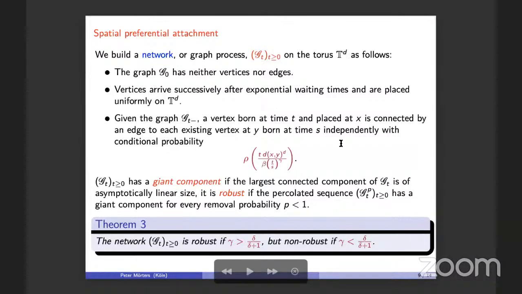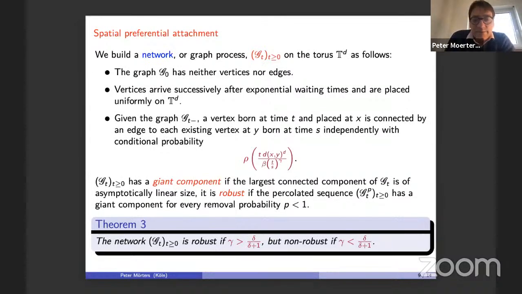Thank you. Sorry, I have a question. What do you mean by asymptotically linear size? Okay, so you look at the number of vertices in the largest connected component. You divide it by T, and the lim-inf of that is positive, but in these models the limit always exists, so the limit is positive.